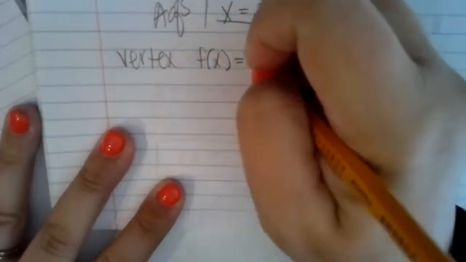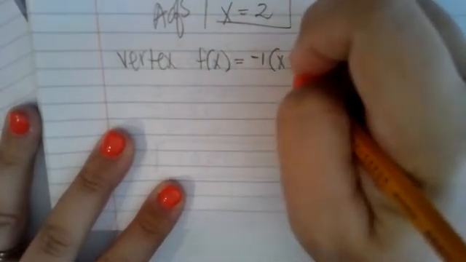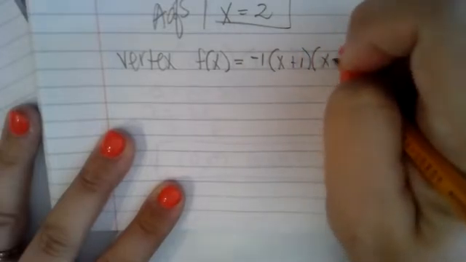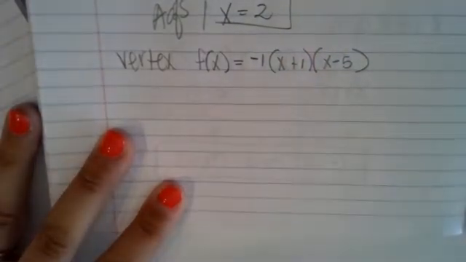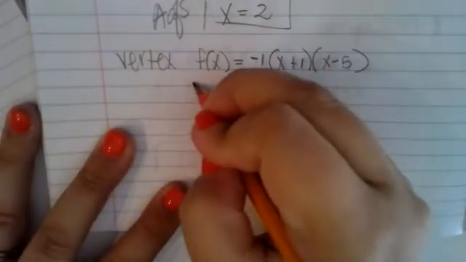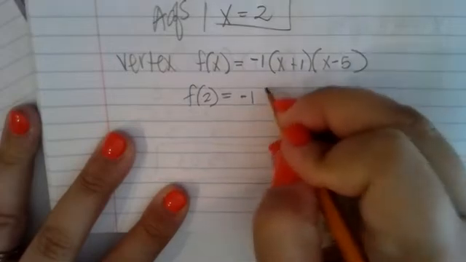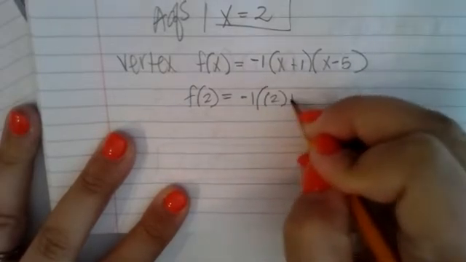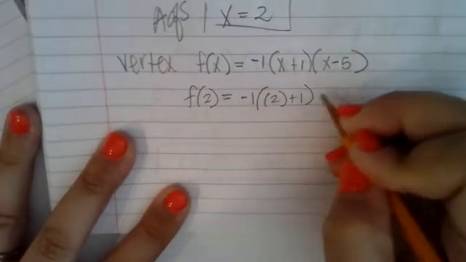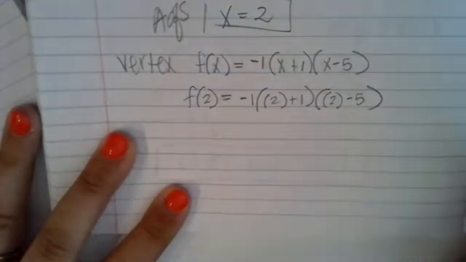Just like the other problems that we have done in standard form, in order to find the vertex here, I am going to substitute my axis of symmetry into here. So f of 2 is equal to negative 1 times 2 plus 1 times 2 minus 5.